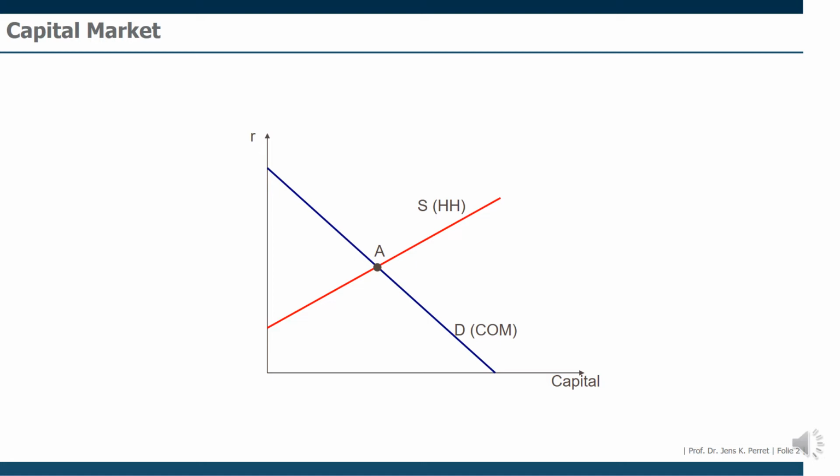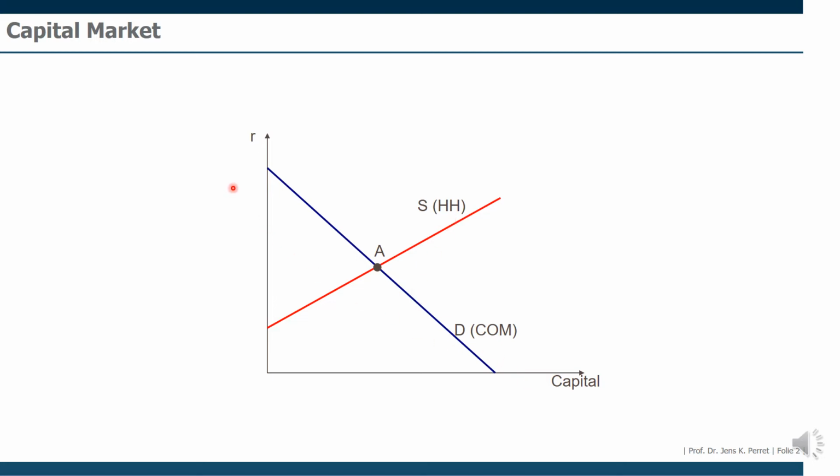And this diagram already shows a really important aspect, and that's that the supply in the capital market actually in this situation comes from the households saving their money. So they're going to a bank, to the financial markets to save their money.